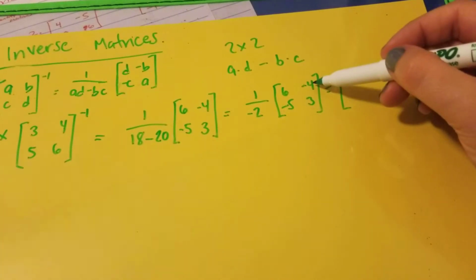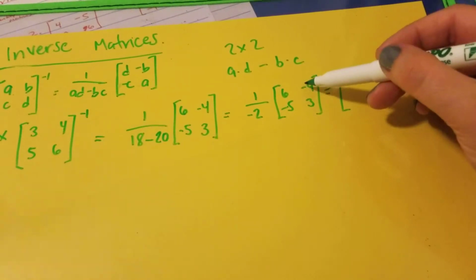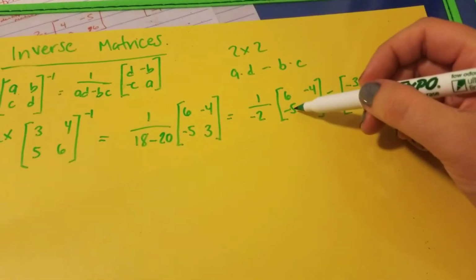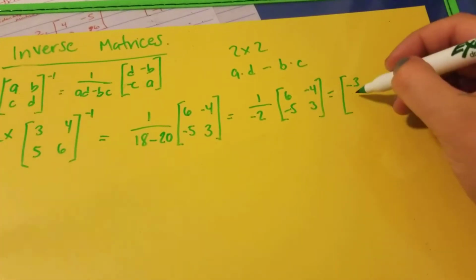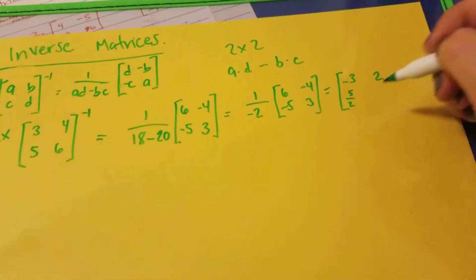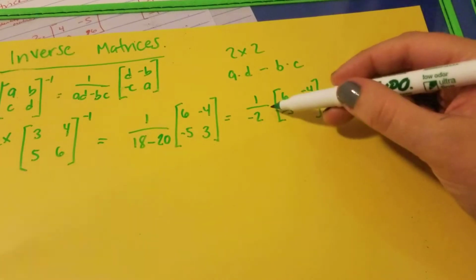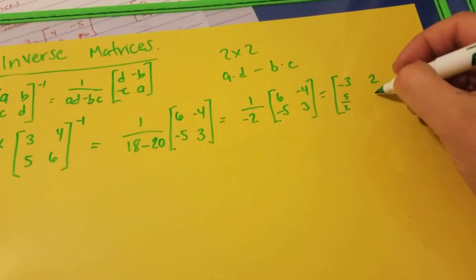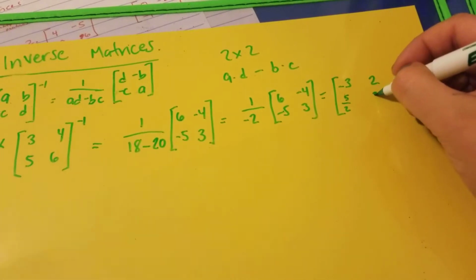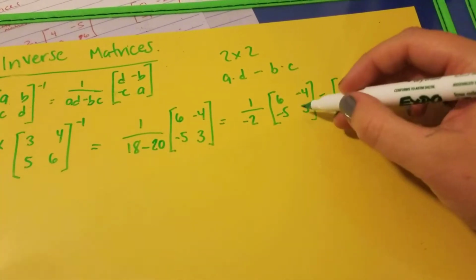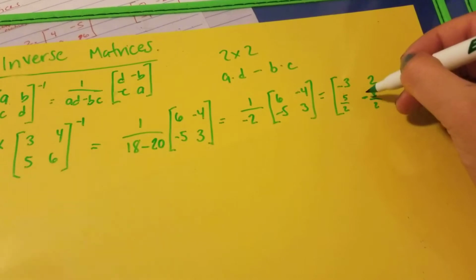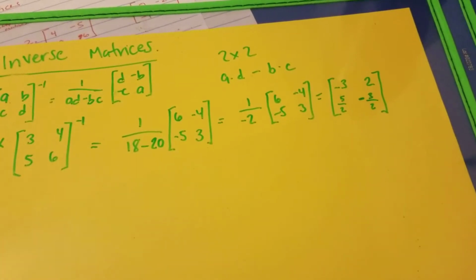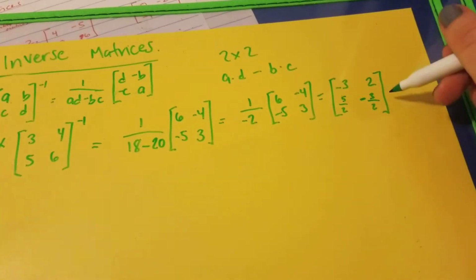Half of 4 is 2, and a negative times a negative is a positive, so positive 2. Half of 5 stays as a fraction, and negative times negative is positive. And 3 times half is 3 over 2, and a positive times a negative is a negative. And that's going to be our inverse matrix.